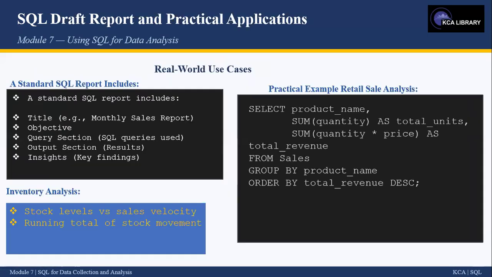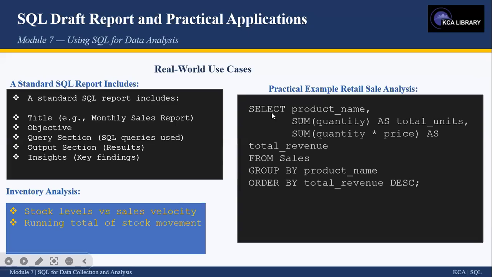SQL report and practical application. A good SQL report usually includes these sections: title, such as monthly sales report, objective, query section, output or report, and insights with key findings. Here is a practical retail sales analysis.